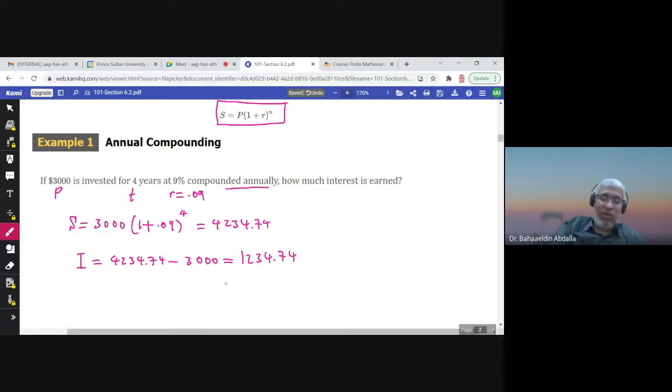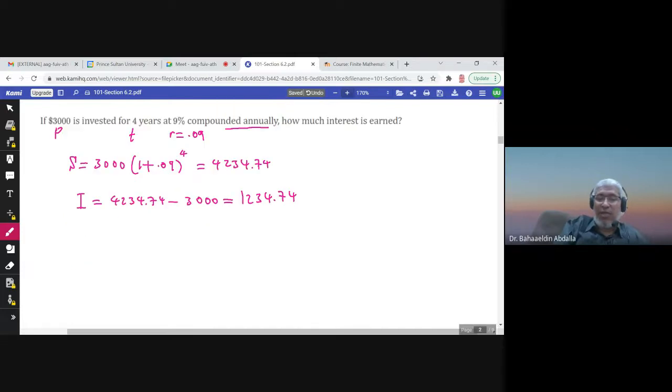So there is a difference between them of about $154.7. I hope you understand the difference between compounded annually and simple interest.